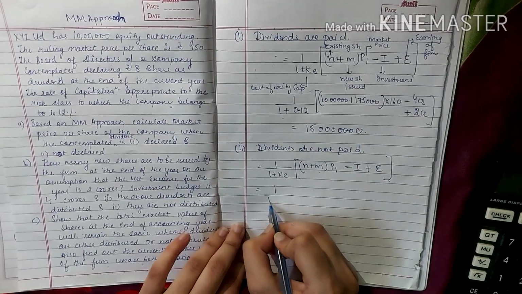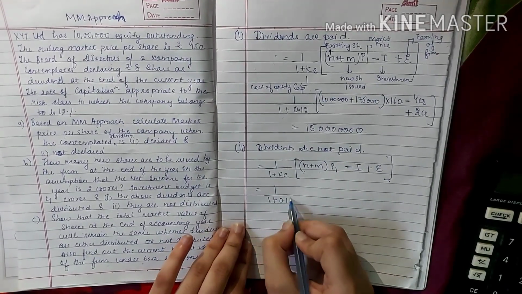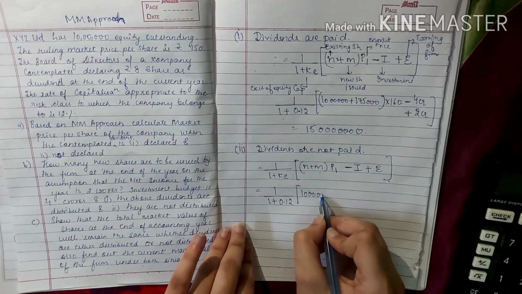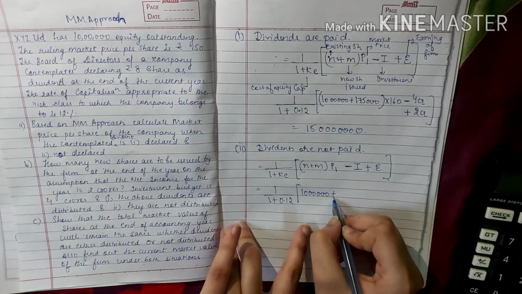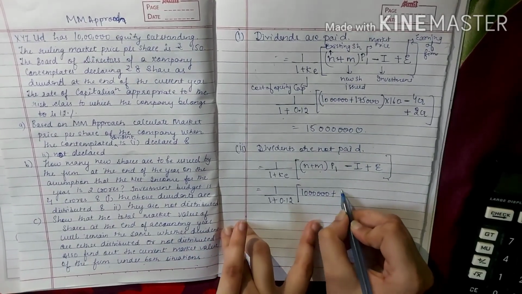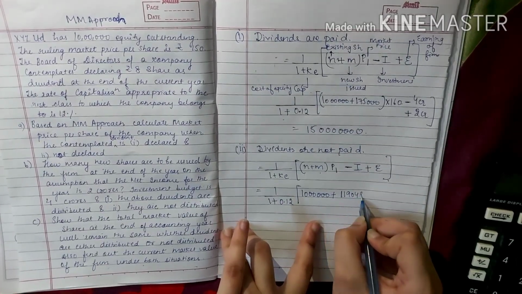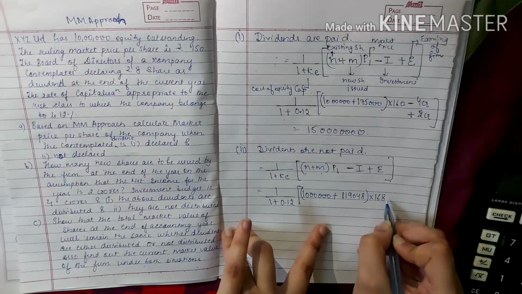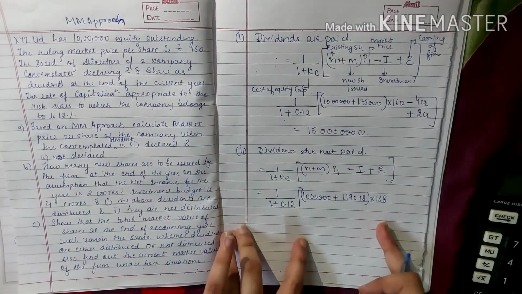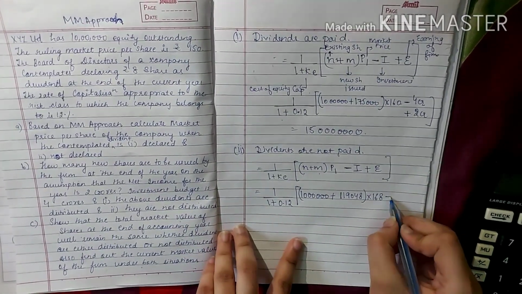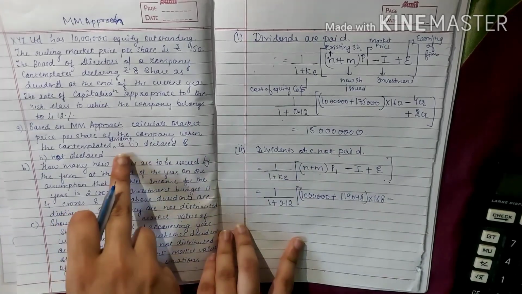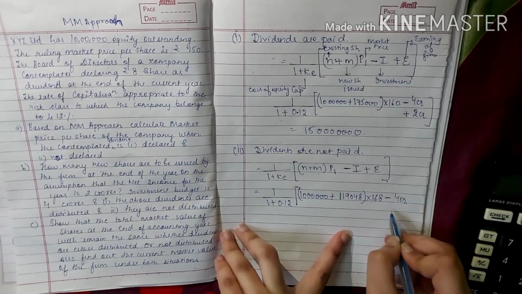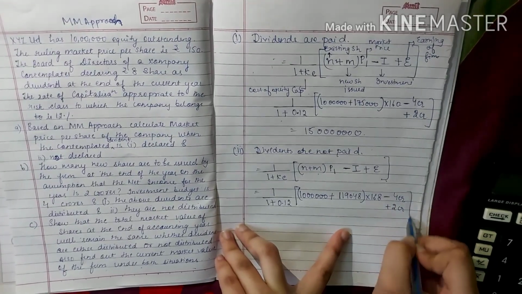Again put the values. KE is 0.12. Existing shares 10 lakh. New shares in this case were 1,19,048. Multiply it by 168, which was the market value of the share when dividends are not paid. We have calculated it in the very first part. Investment is 4 crore and earning 2 crore.